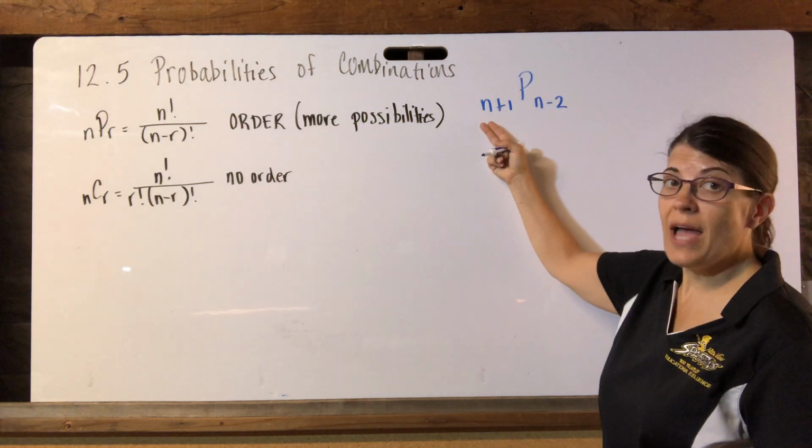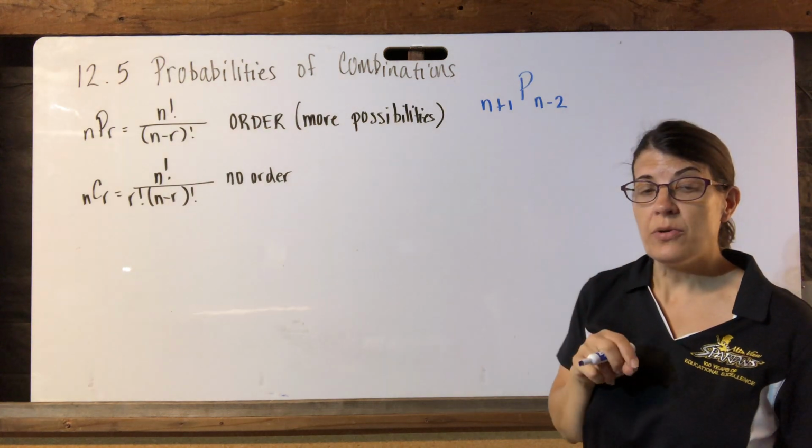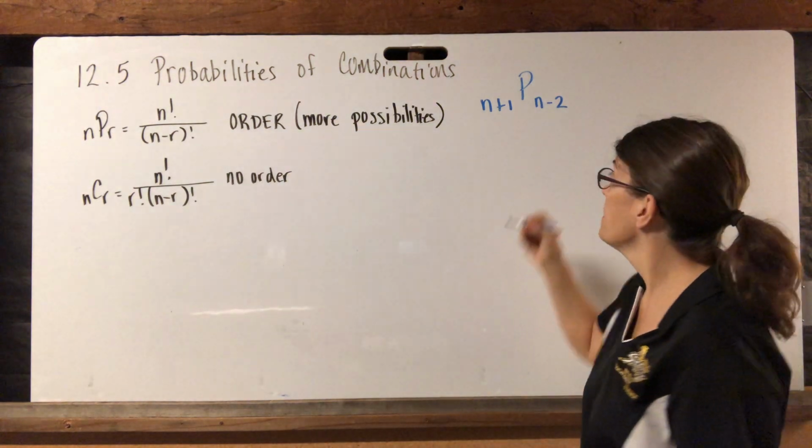NPR. So your N is N plus 1, and your R is N minus 2. So I want to know, what does this look like?